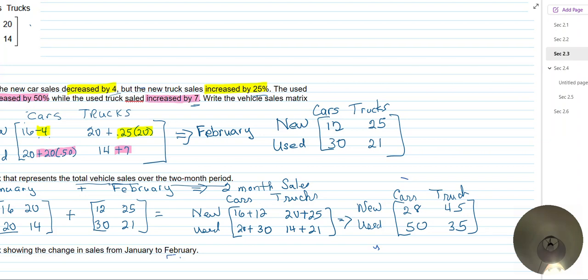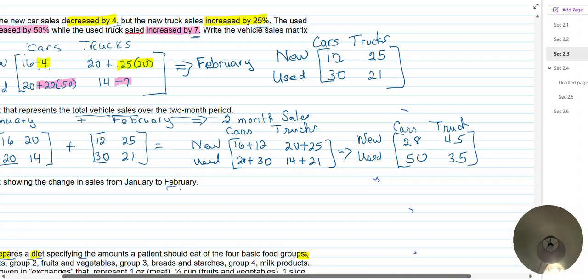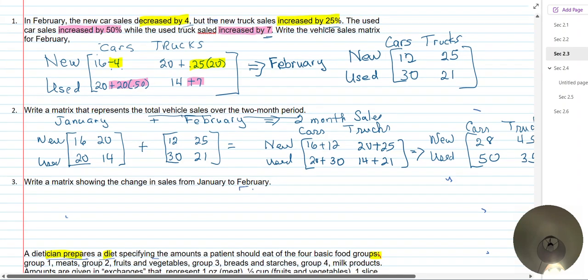All right. So now it asks us, write a matrix showing the change in sales from January to February. All right. So this means the change from January to February. So we're taking what February is and subtracting January.